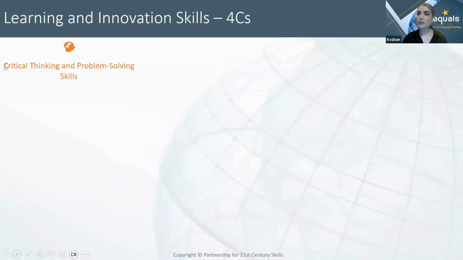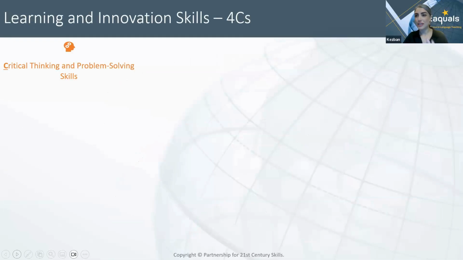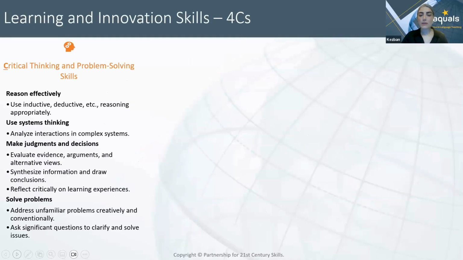I would like to have a closer look at what it means for students to think critically, to be creative, to communicate effectively. They come with sub-skills. To be able to think critically and solve problems effectively, students should be able to reason effectively, use systems thinking, make judgments and decisions, and solve problems.